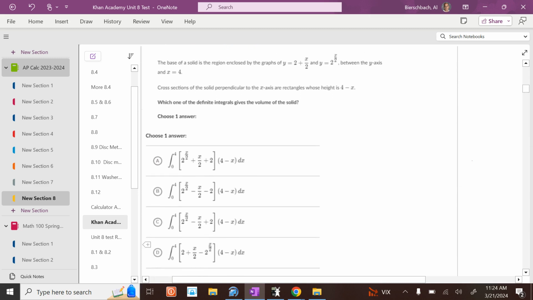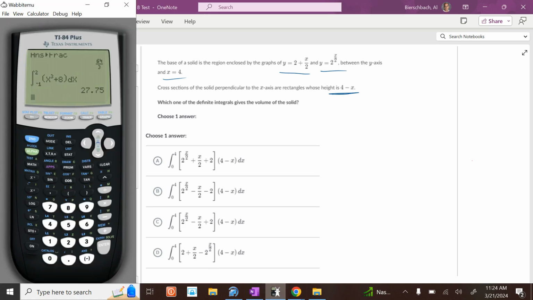All right, the base of a solid enclosed by a graph is this and this between the y-axis and 4. Cross sections of the solid perpendicular to the x-axis are rectangles whose heights is this. Okay? So what I would do is I would graph these two lines out. So I'd go y equals, plot out 2 plus x over 2.